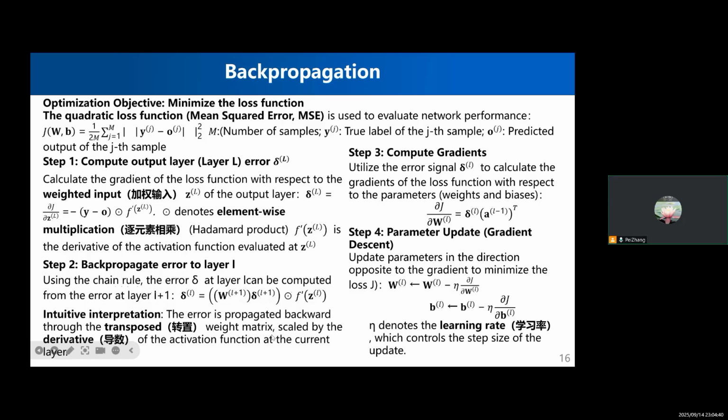The error is propagated backwards through the transpose weight matrix scaled by the derivatives of the activation function at the current layer.